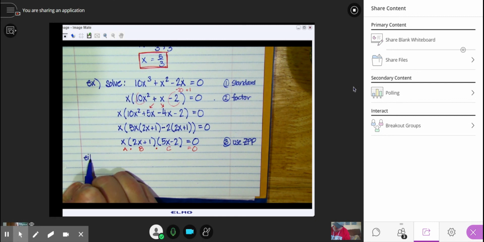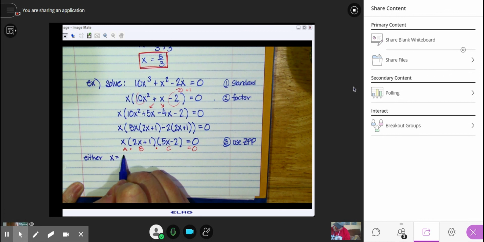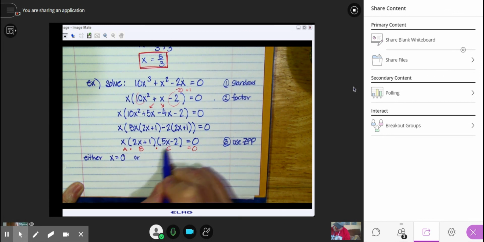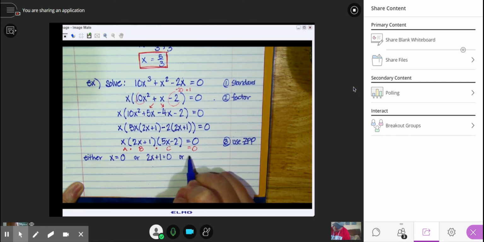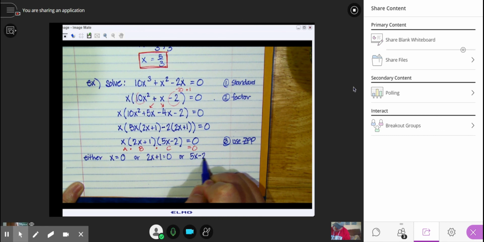So either the first one is 0, so either x equals 0, or the second one is equal to 0, or the third one is equal to 0.